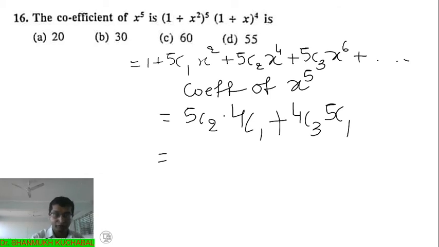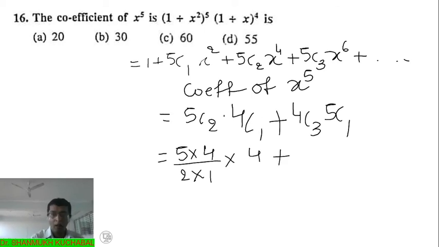Now 5c2, we use the nCr formula, so it is 5 into 4 divided by 2 into 1, multiplied by 4c1, which is 4. Next, 4c3 is 4 into 3 into 2 divided by 3 into 2 into 1, and 5c1 is 5.